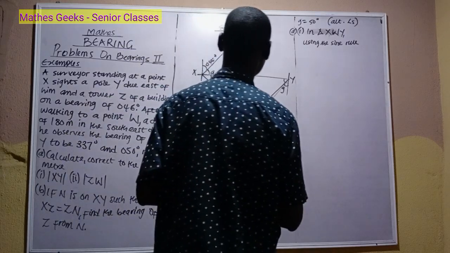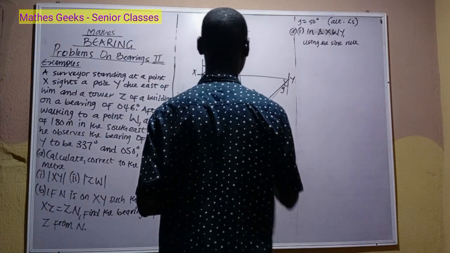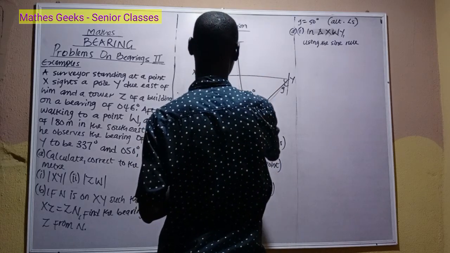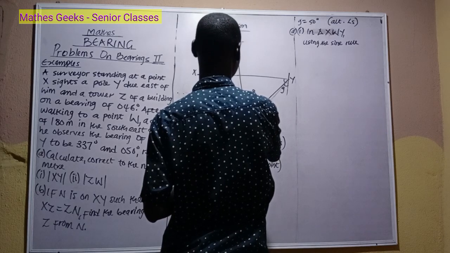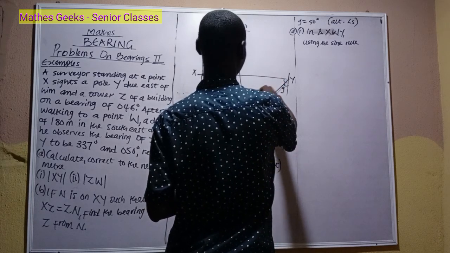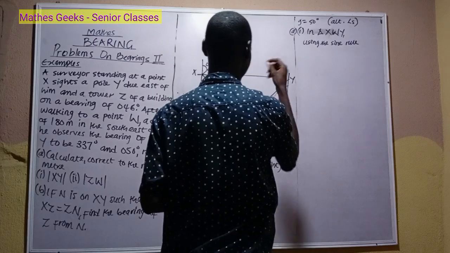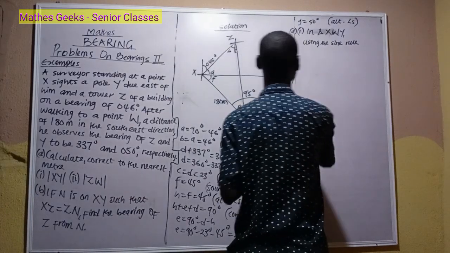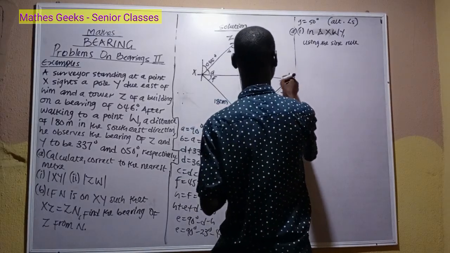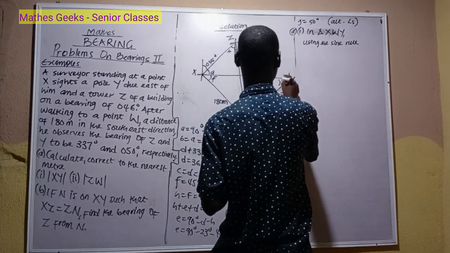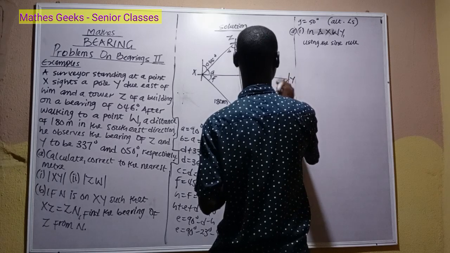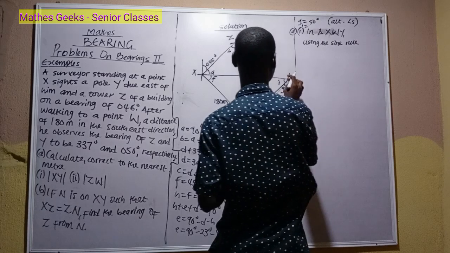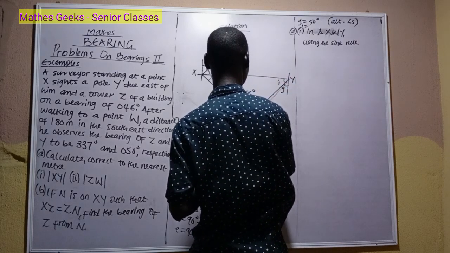So using the sine rule, this angle is known, and we're looking for this side, and this angle, this side is known. So we need to get this angle for us to be able to use the sine rule. Let's call it angle I. So I is equal to, since here is 50 degrees, this angle is 40 degrees.